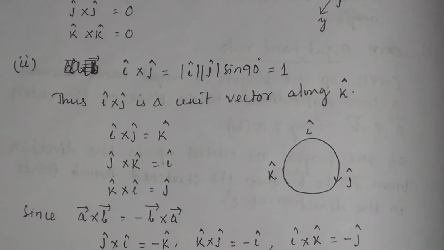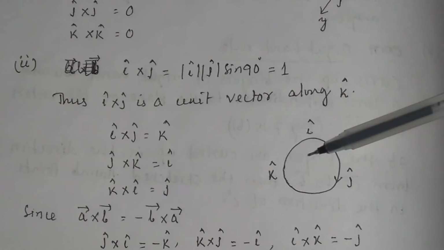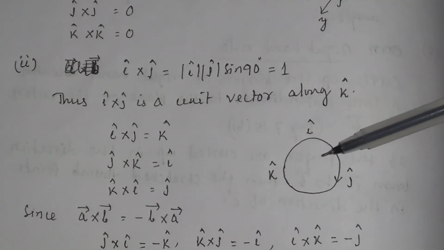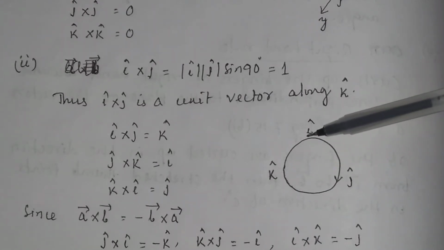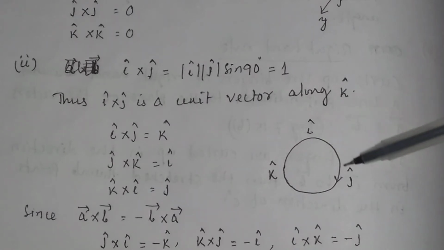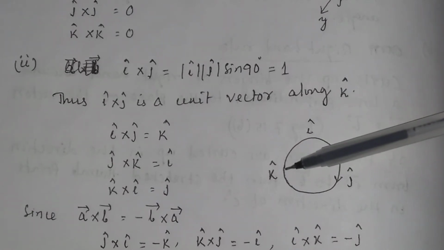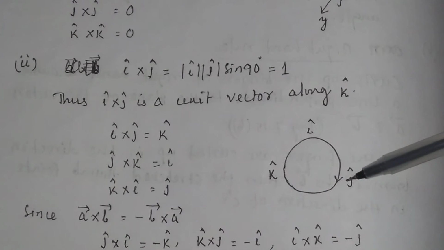So if you denote i cap, j cap and k cap in cyclic order as shown in the figure, then i cap cross j cap will be equal to k cap, j cap cross k cap will be equal to i cap and k cap cross i cap will be equal to j cap.